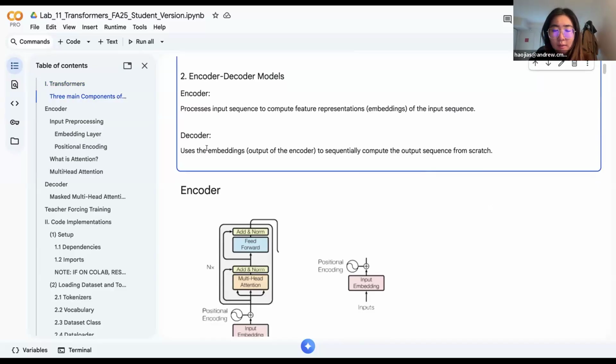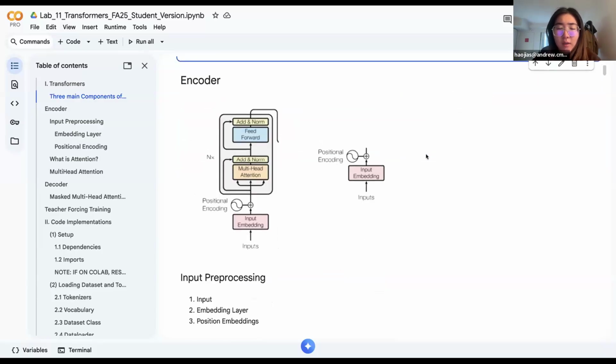And the decoder, just as I said, uses the output of the encoder to sequentially compute the output sequence from scratch, like an autoregressive decoding procedure. Because for the chatbot we mainly need to do autoregressive decoding, sometimes people don't use the encoder as much. But let's still introduce how the encoder works.